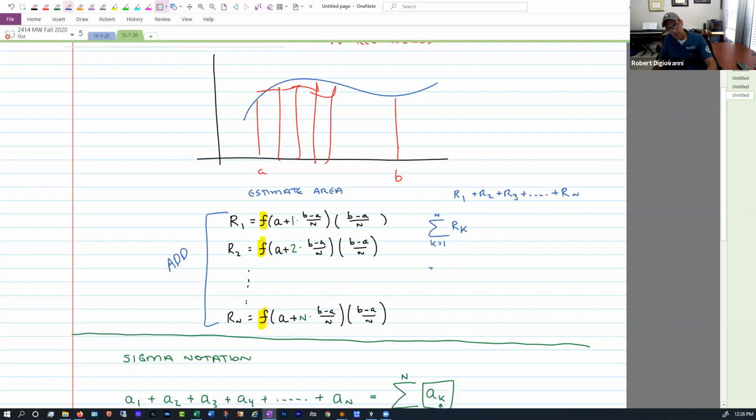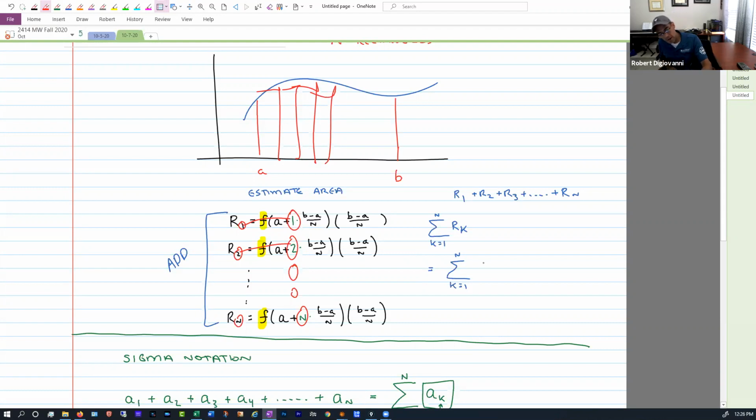However, this is the same as the sum k equals 1 to n. Now look at each of these. Remember what we said, this was the vital part. The only difference in these formulas is that number right there, 1, 2, 3, 4, 5, 6, n. That's the only thing that's different in all the formulas, right? And aren't those numbers matched up with the subscripts?